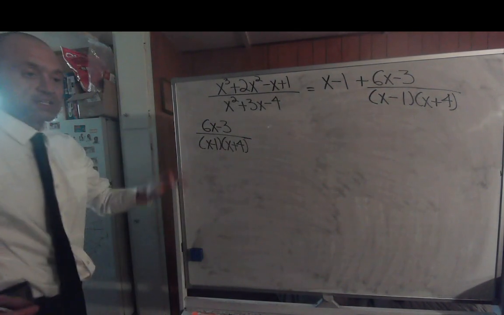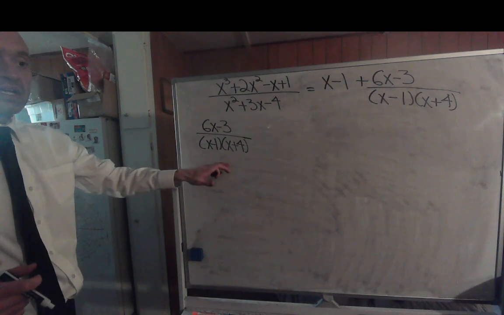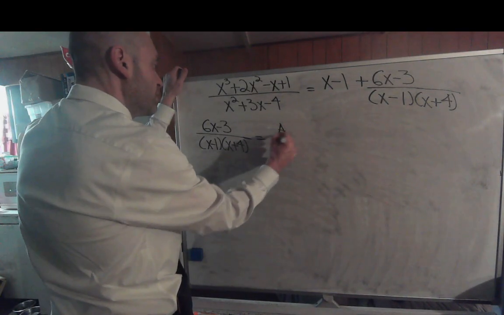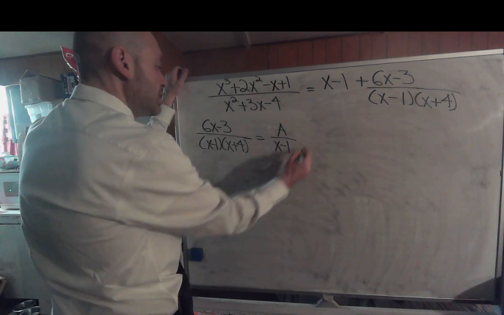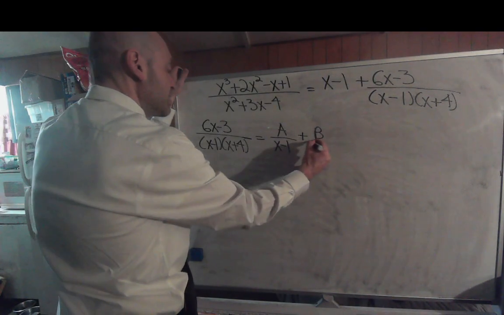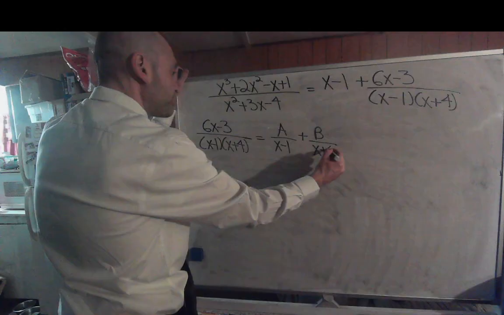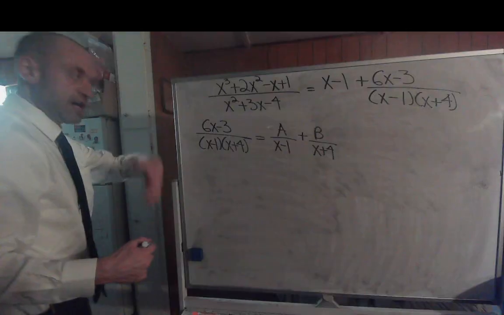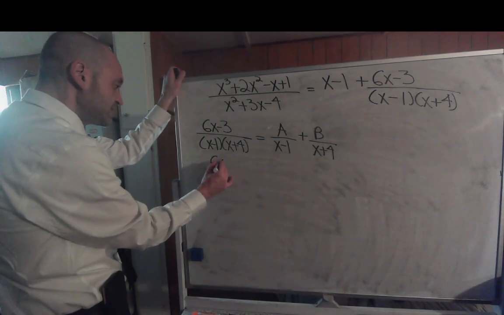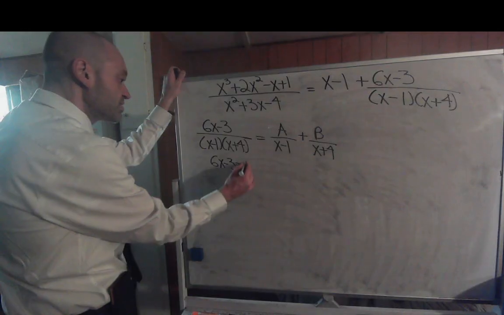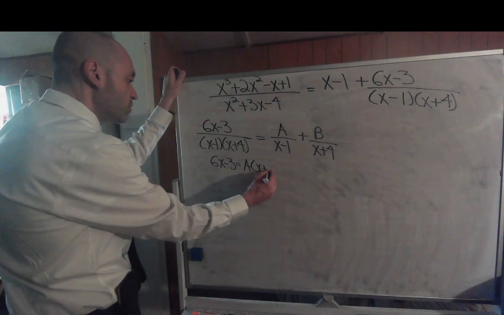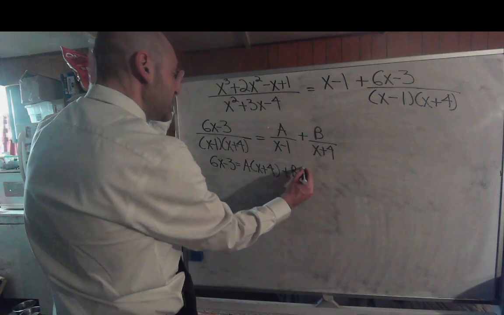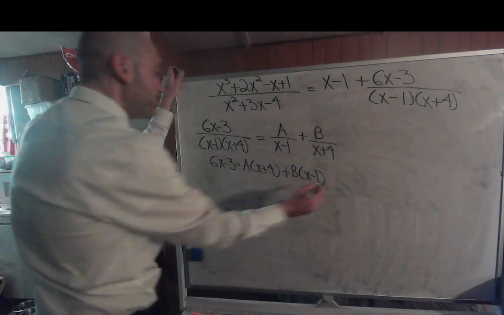So what's nice is we have non-repeating linear factors. So this is just going to be the standard a over x minus 1 plus b over x plus 4. All right, so multiply both sides by your common denominator, so you'll end up getting 6x minus 3 equals a times x plus 4 plus b times x minus 1.